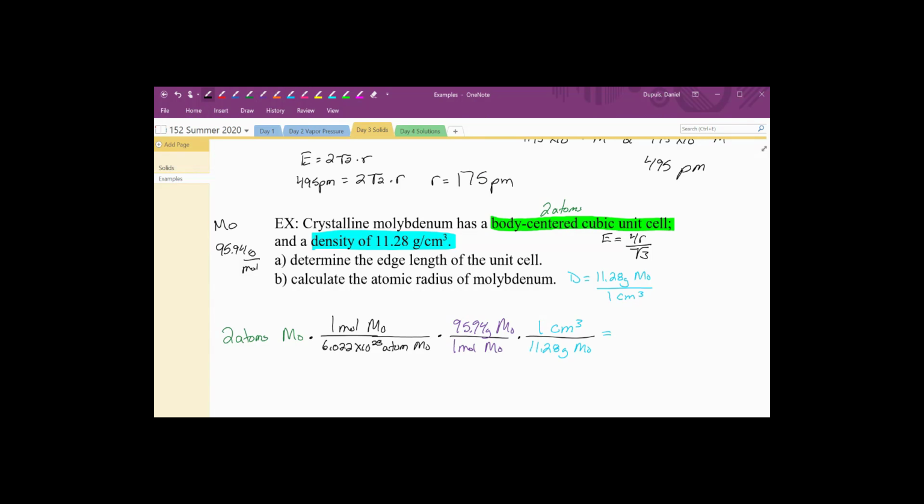So 2 times 95.94 divided by 6.022 times 10 to the 23rd divided by 11.28. I get, hopefully you do, 2.82 times 10 to the negative 23rd centimeters cubed.